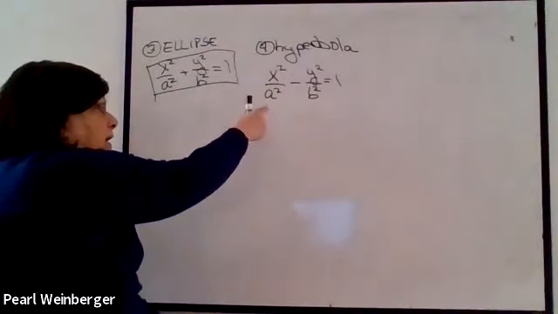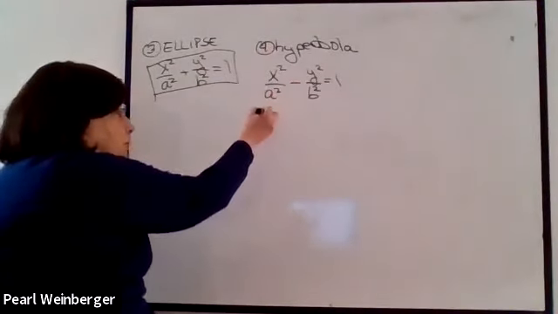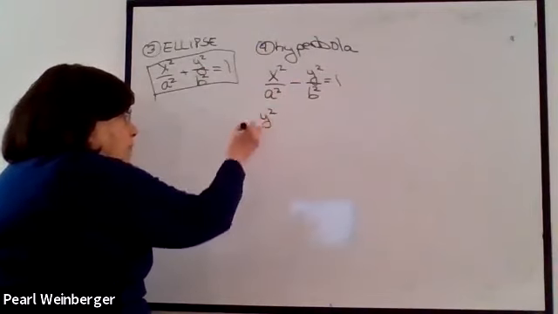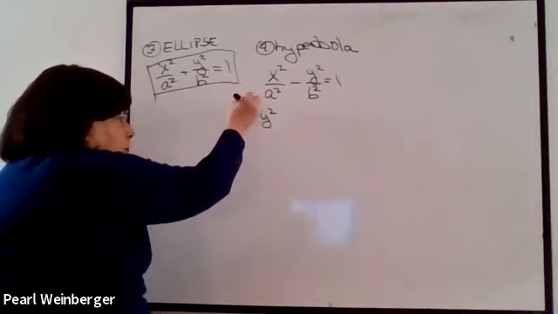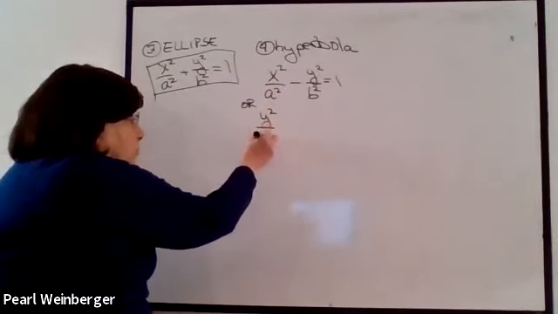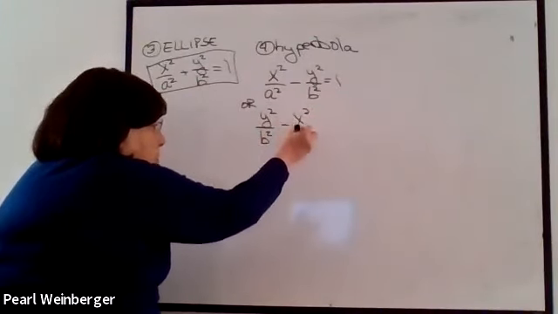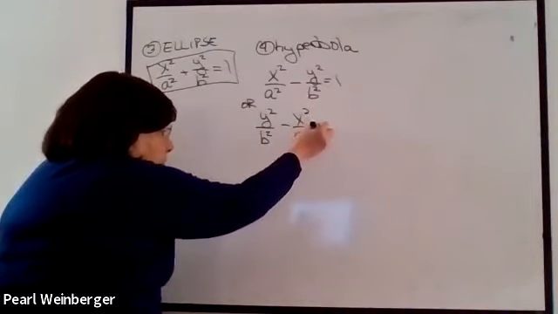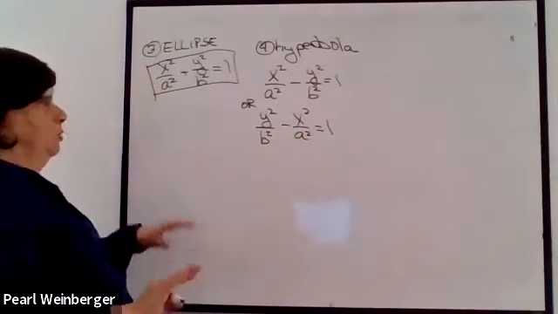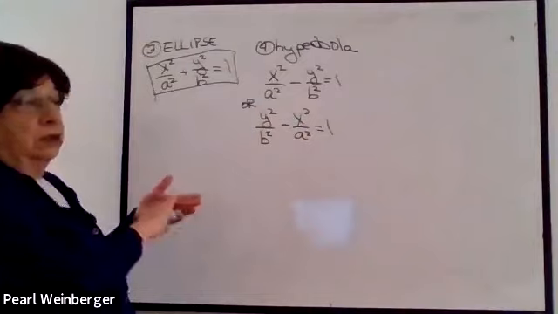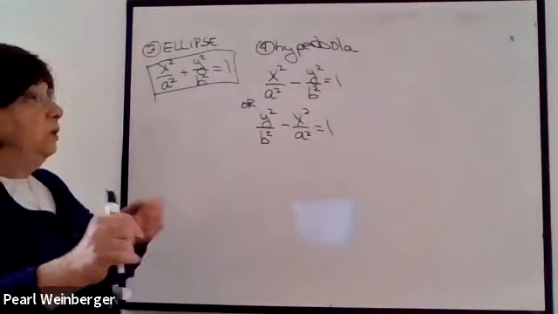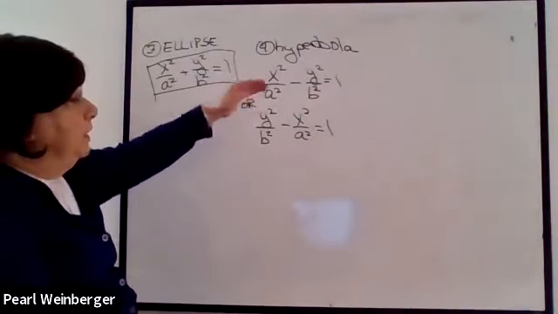The other option is to have y squared over b squared minus x squared over a squared equaling 1. So either we have an x squared term minus a y squared, or a y squared minus x squared.